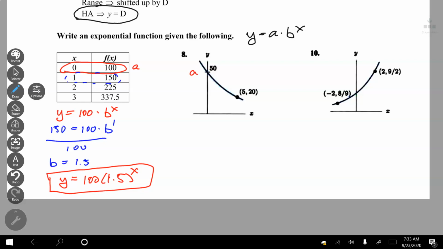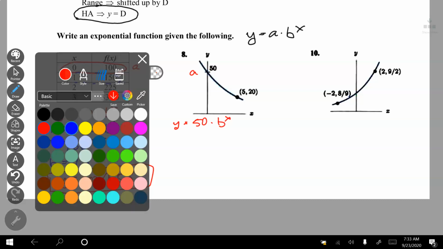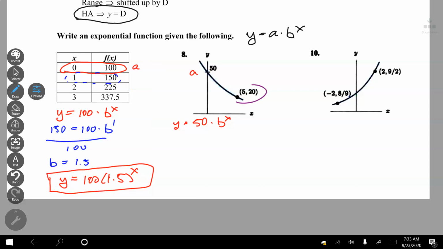Again, I've given the a value. So y equals 50 times b to the x. I have another value I can use right here. 20 equals 50 times b to the fifth. I can divide by 50 and I get 0.4, or 2 over 5, equal b to the fifth.